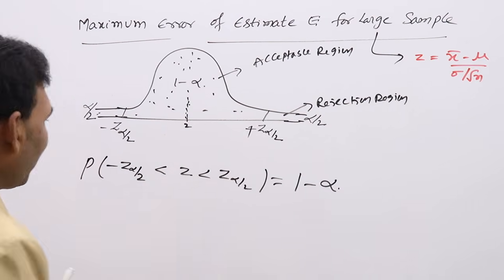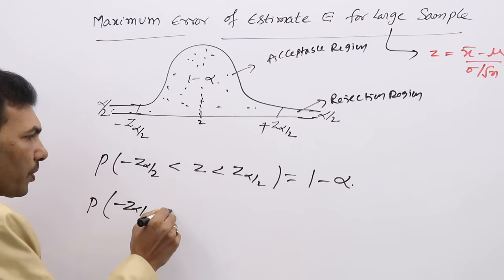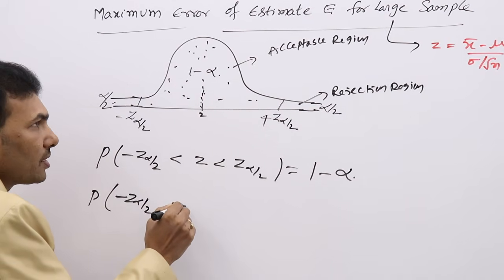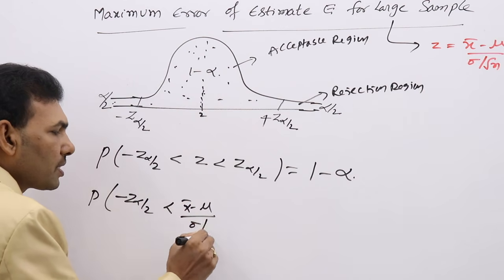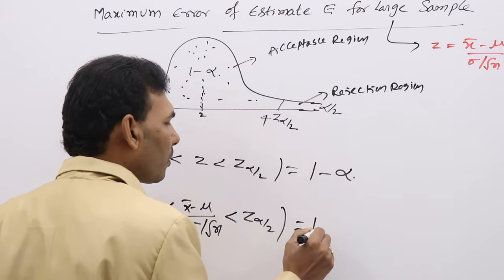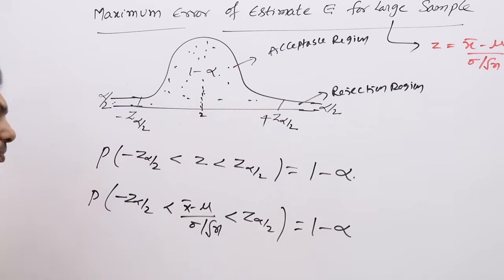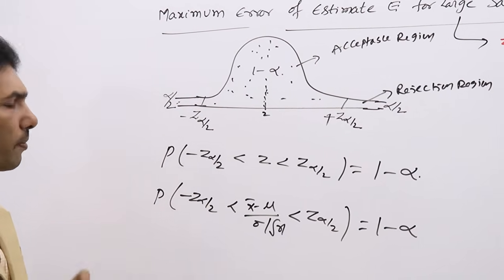Now, if you write in the place of z, that is minus z alpha by 2 less than z, which is x bar minus mu by sigma by root n, less than z alpha by 2, equal to 1 minus alpha. Now we need to find the confidence interval for x bar.